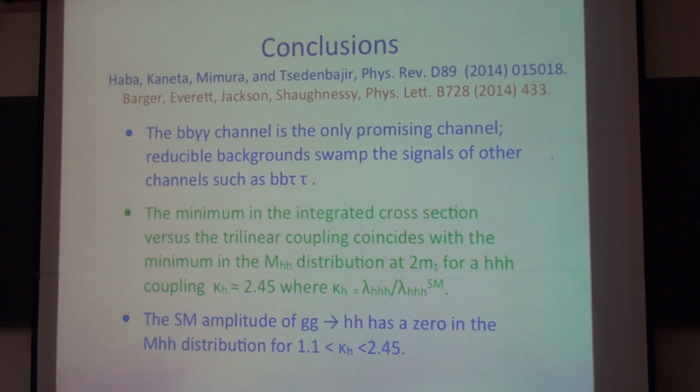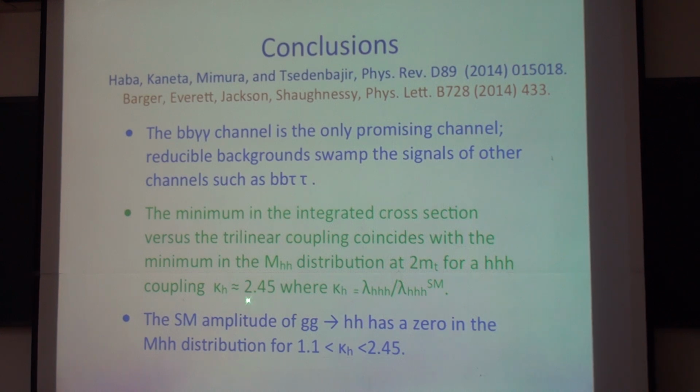And my conclusions basically borrowed from Werner's paper. They compared BB gamma gamma to BB tau tau. And BB gamma gamma is much better than BB tau tau. BB tau tau will be overwhelmed. And there is some minimum that we could see in the cross section when the triangle has destructive interference with the box diagram, and therefore you have a minimum at some point.